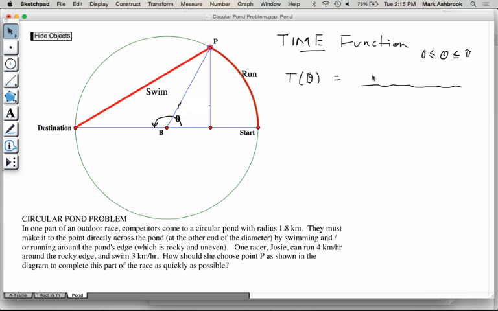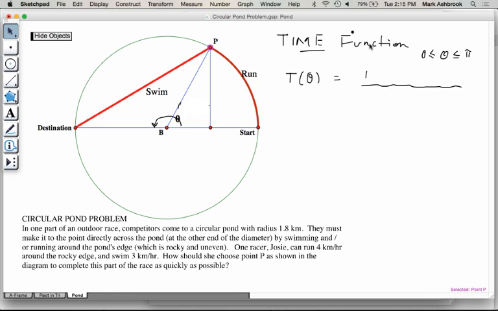The distance run multiplied by the speed run. And then the distance swam. What are those products you're coming up with? I just want to know, sum of what?